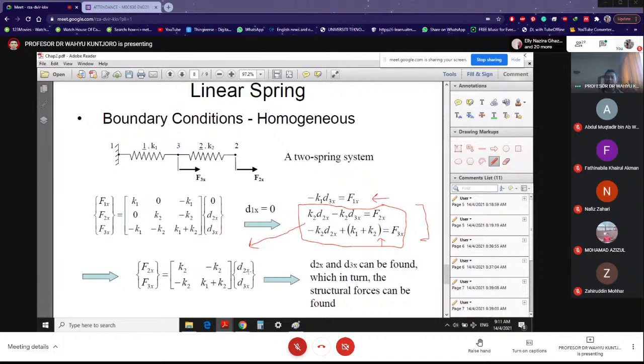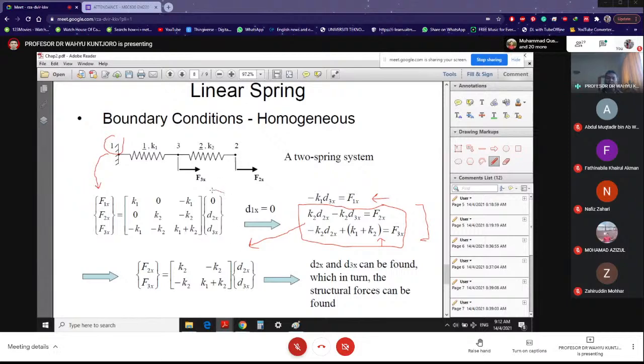If you can find D2x and D3x from this equation, after you solve it, then you can find the value of F1x, which is the support over here, because you know the value of D2x and D3x.